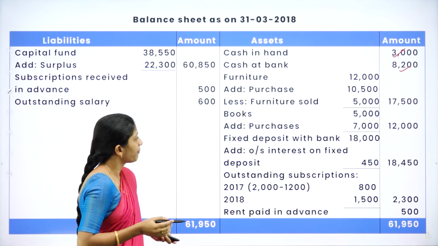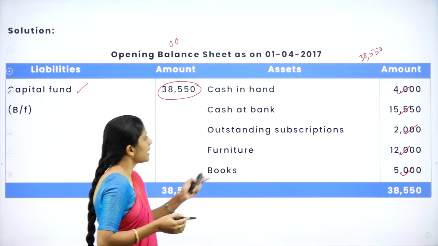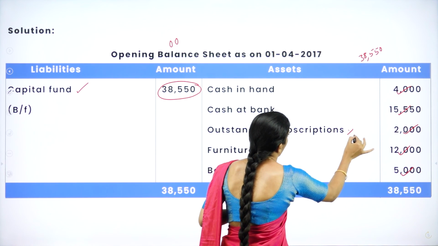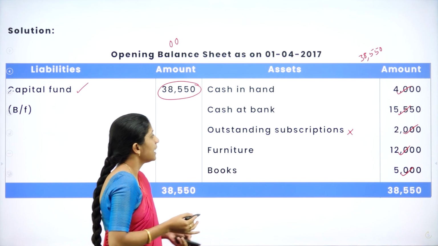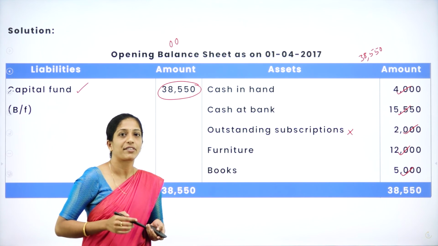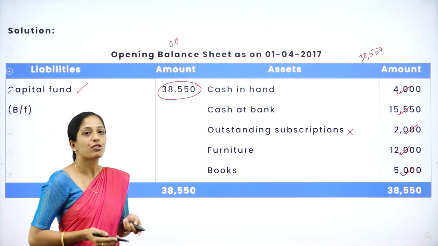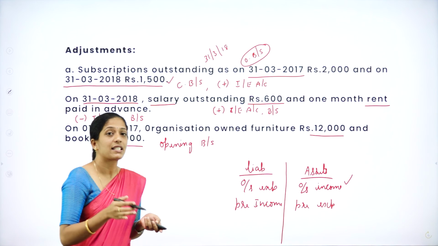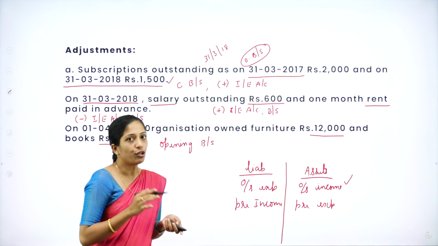The next item in the opening balance sheet is outstanding subscriptions. This is of the previous year, so we are not going to record it in the closing balance sheet. The next item in the opening balance sheet is furniture. How much have they given? 12,000. We have to see our receipts and payment account whether there is any purchase or any adjustment relating to furniture.